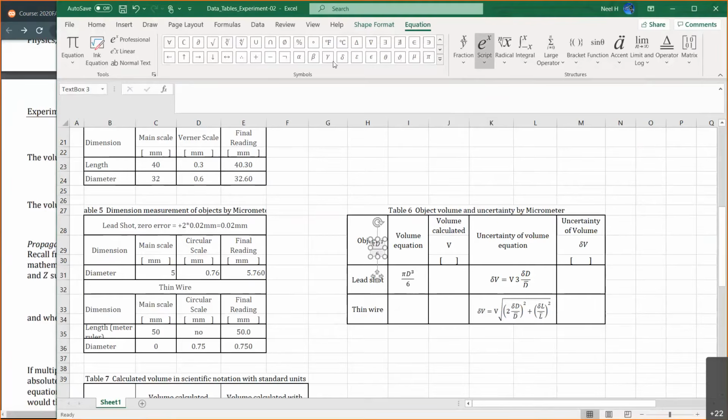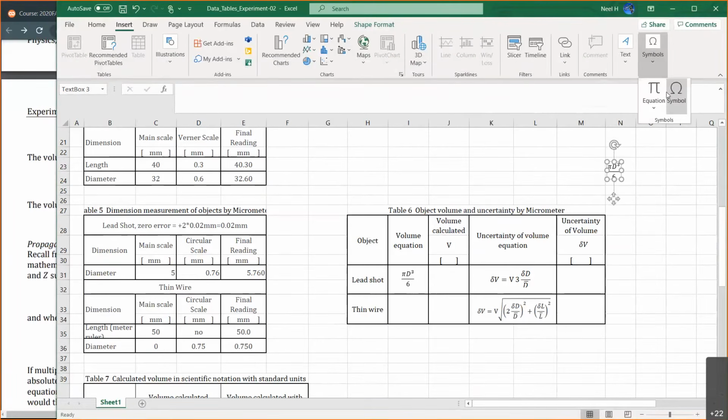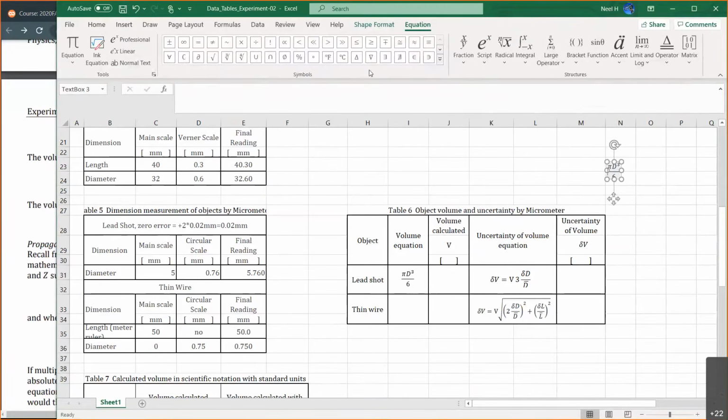If that is not there, I don't know why. If you use the online version, this is going to be different. Usually if you do insert, symbols, equation, that column automatically appears. Otherwise, you will see this equation term there. Just click on that. If that is not clicked, then you're not going to see that.